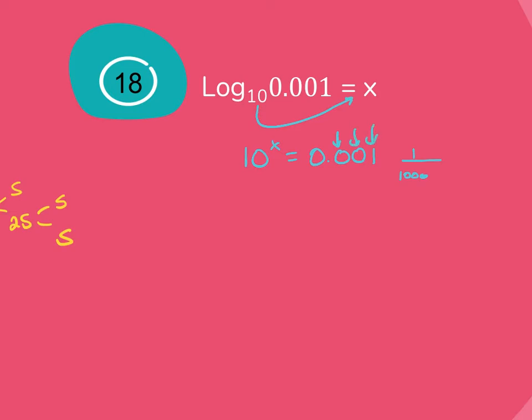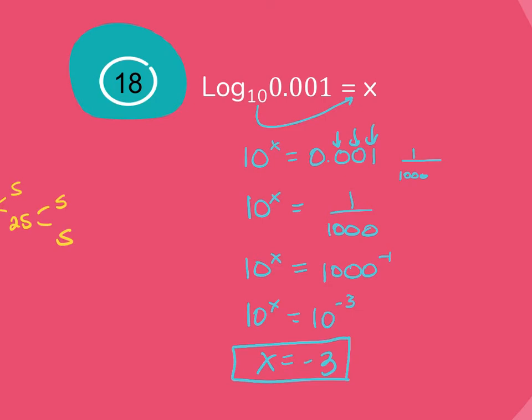So 10 to the x equals 1 over 1,000. How do I get 1,000 to the top? Negative. 1,000 to the negative. Good. And how do I make it 10? -3. Remember the number on the x tells you how many zeros are in the power of 10. So this would be 10 to the x equals 10 to the -3. Then x equals -3.